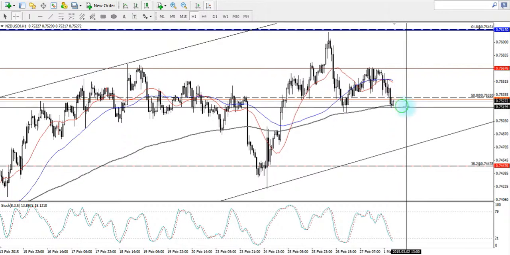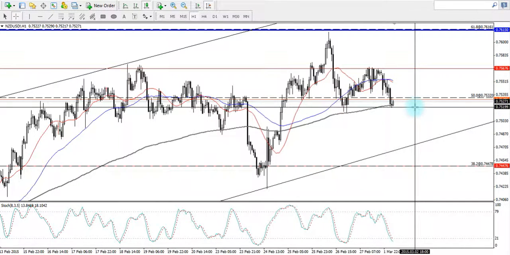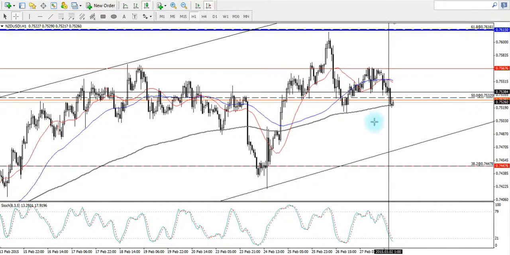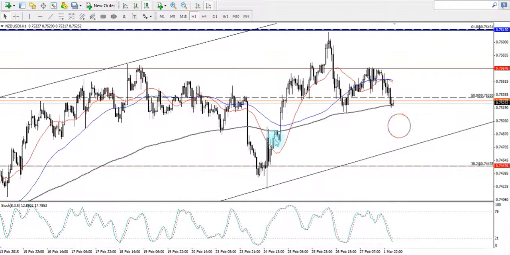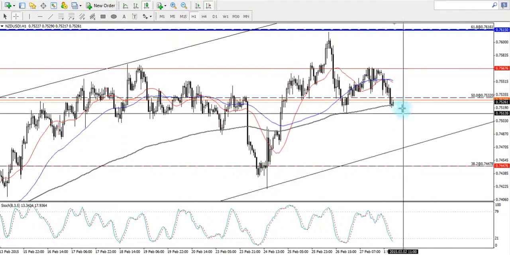We are waiting to see if price gets support over here, and maybe a trade setup comes out that could give an opportunity to go long or buy for today itself. Stochastic has already entered the oversold zone. So we're just waiting to see what happens from here.